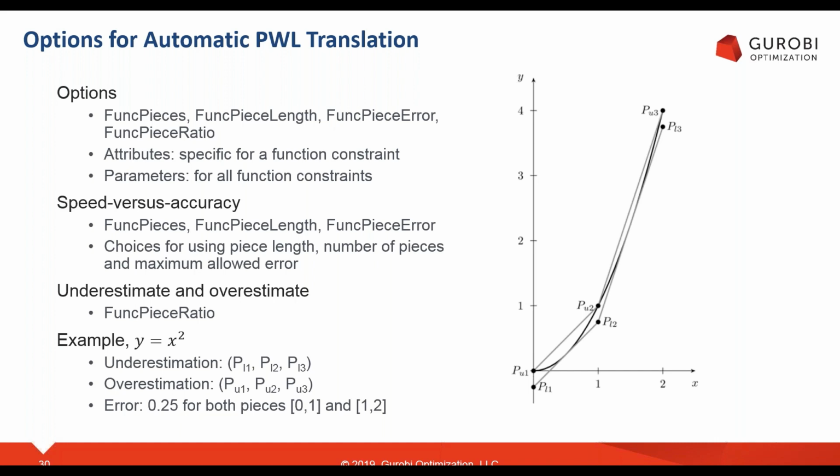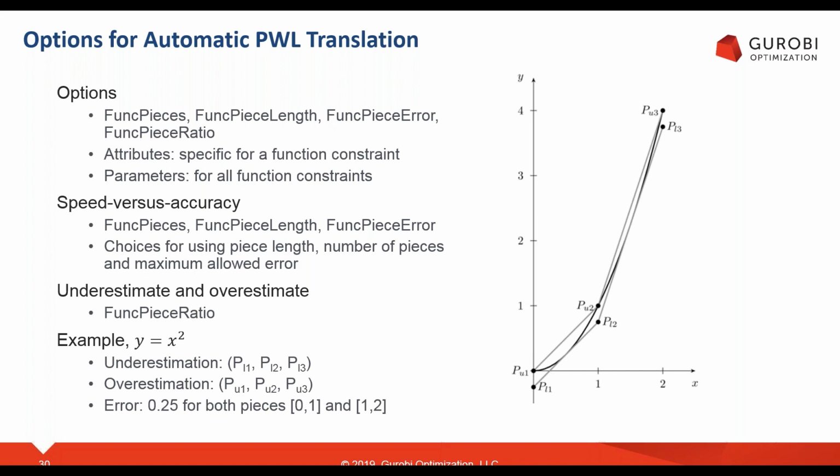If you specify that you want to have an overestimation, then you would get the supporting points PU1, PU2, and PU3, which is always above the nonlinear function. And if you set the func piece ratio value to, for example, 0.5, then you would get a piecewise linear constraint that is exactly in the middle between those 2 extreme cases.